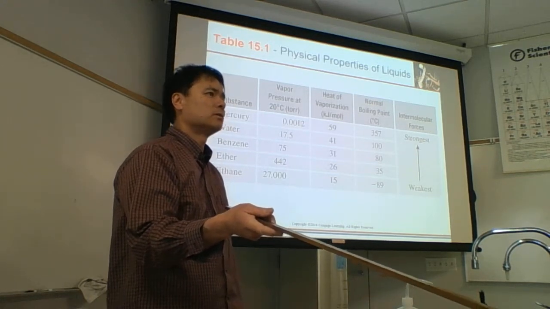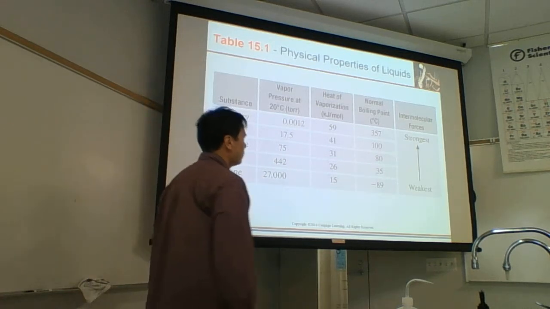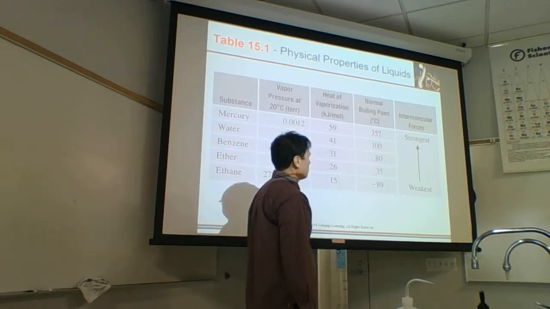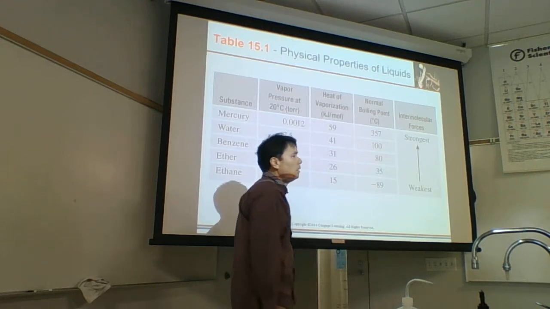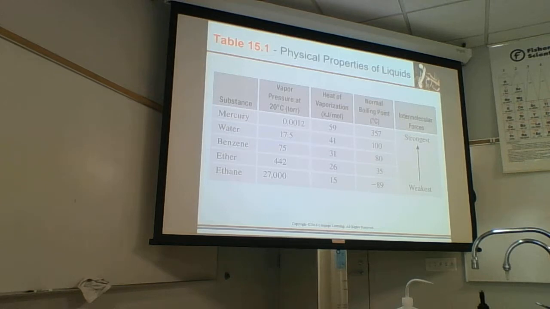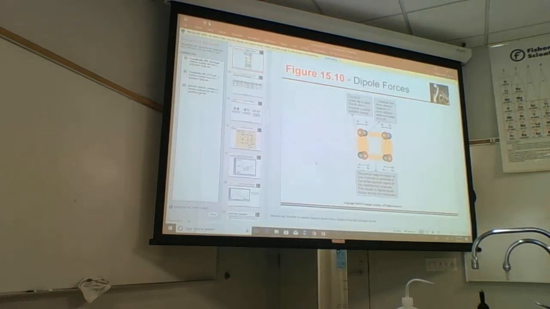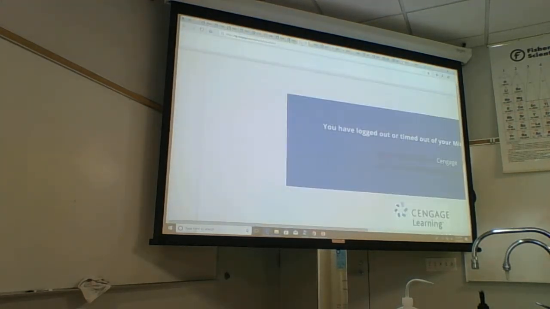It's going to be impossible on gasoline because it has weak intermolecular forces. So those are some properties of liquids. So what we're going to do is take a look at some problems here from our book.